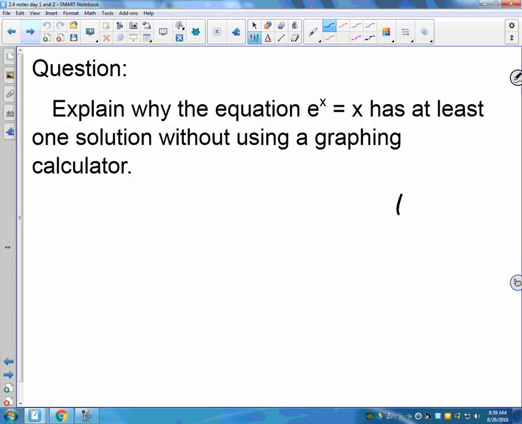When you solve like 4x minus 7 equals 0 and you get x equals 7/4, what is that finding? The solution of that equation?